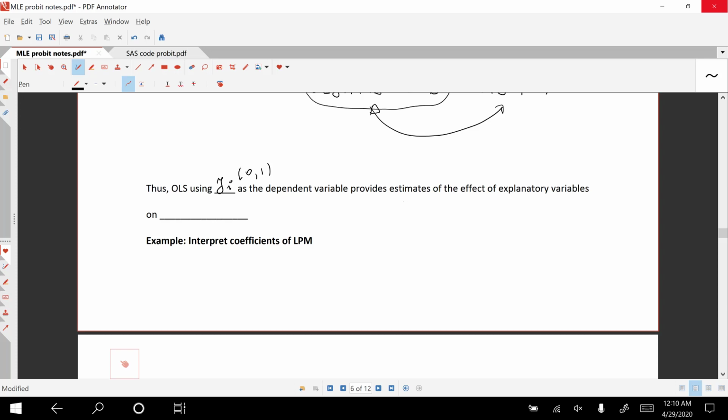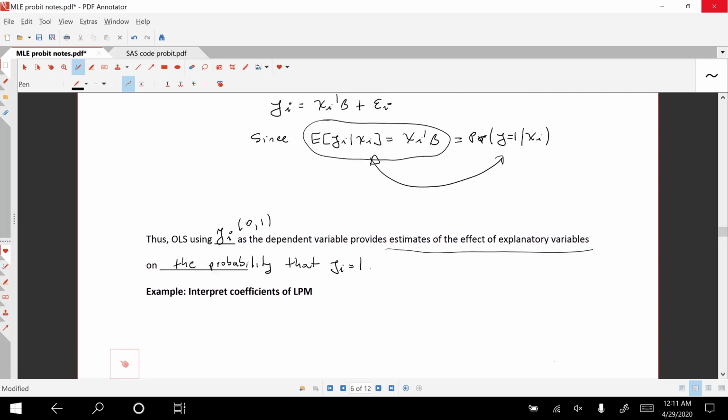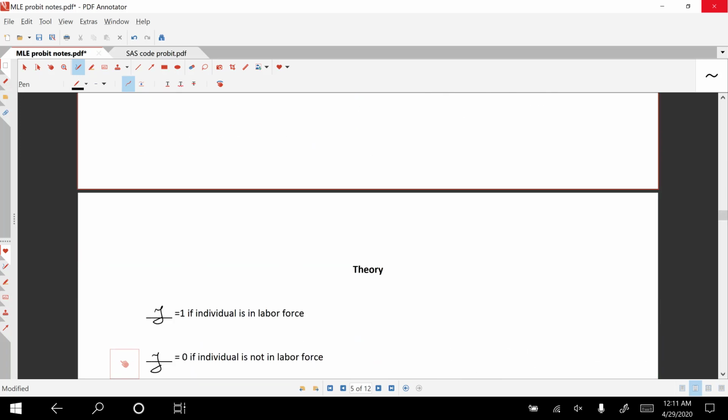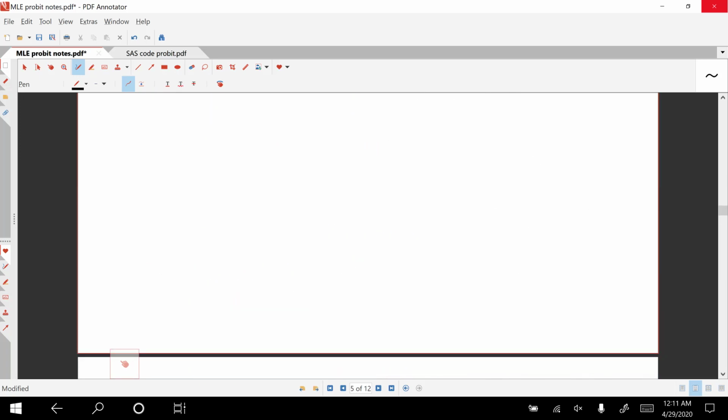The results are going to provide us with estimates of the effects of the explanatory variables on the probability that yi is equal to 1. Okay, so probably this sounds more complicated than it is. So let's look at our example.